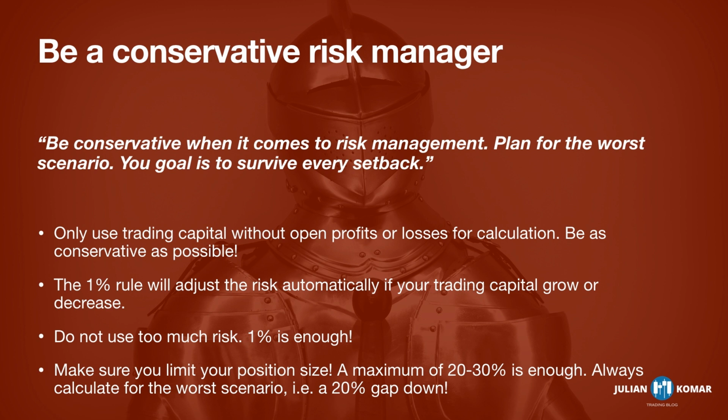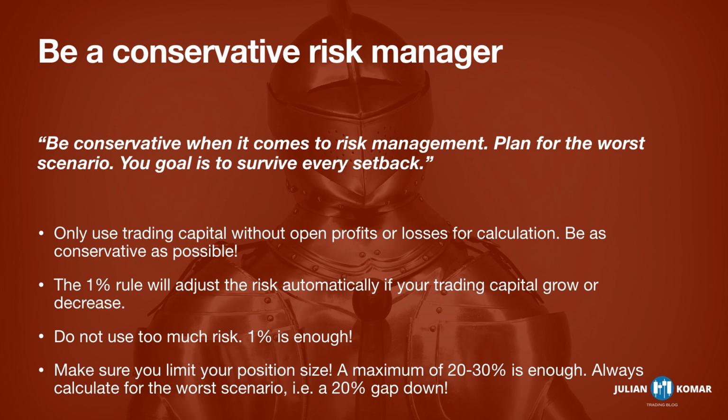Yeah, I already spoke about that a lot. Be a conservative risk management. That's super, super important. Plan always for the worst scenario. Your goal is to survive every setback. Your goal is to survive every stock crash, every stock market correction, every gap down you have in a stock. So you want to have really conservative risk management, but be aggressive when it comes to profits.